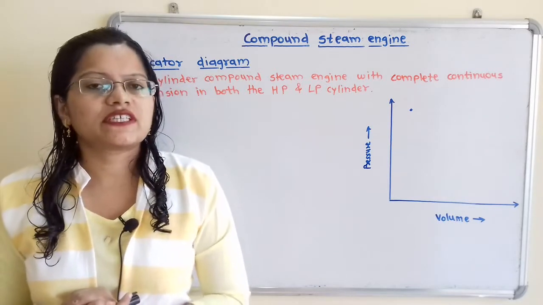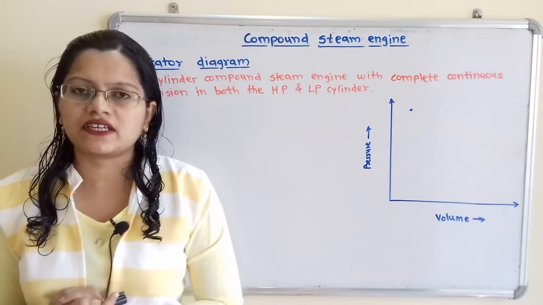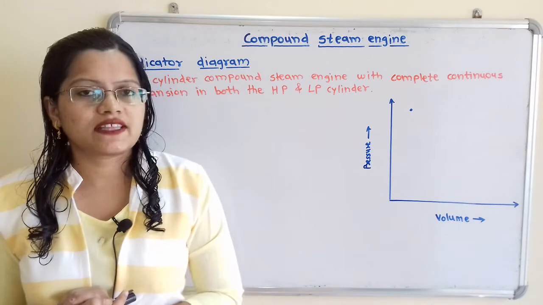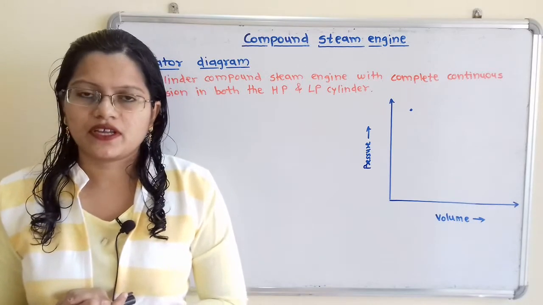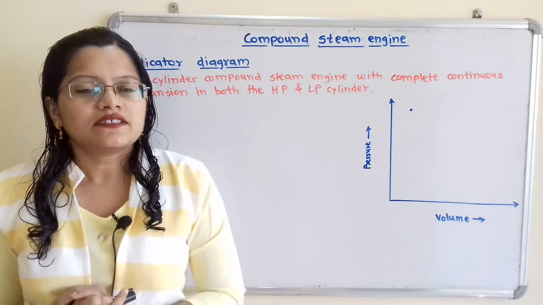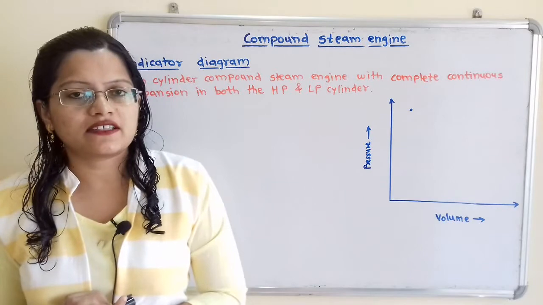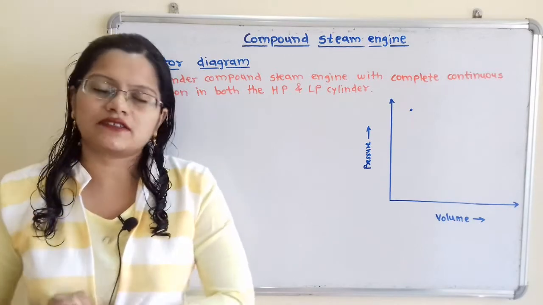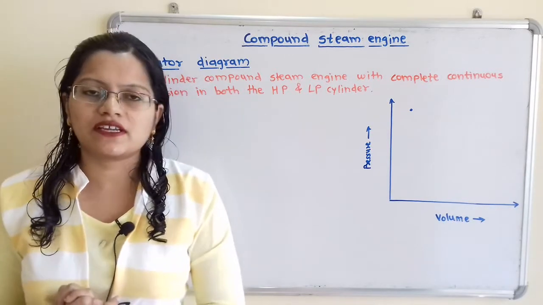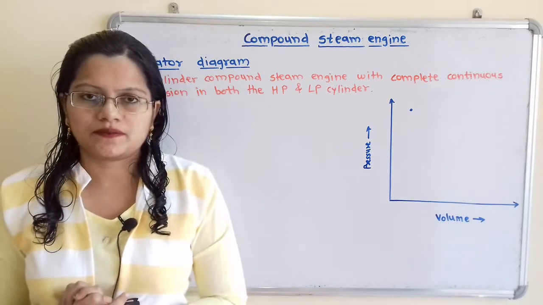The cylinder which receives the high pressure steam is known as the high pressure cylinder, or in short the HP cylinder. Steam expansion takes place and then the steam is exhausted into a larger cylinder, and this second larger cylinder is known as the low pressure cylinder, or in short the LP cylinder.